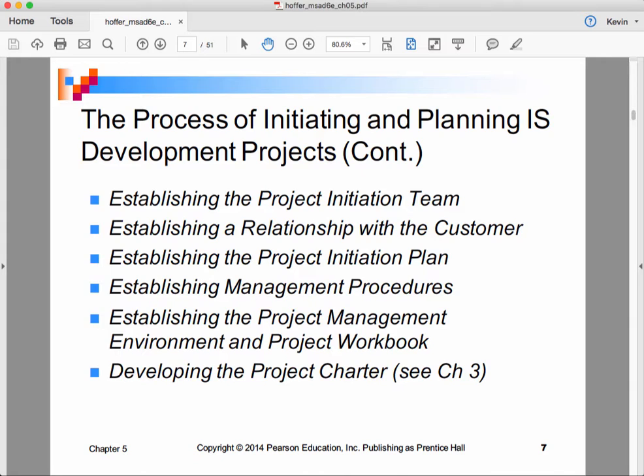So again, the agile approach is more lightweight at this point, but that's not to say that it doesn't have a corollary to what gets done at this point.